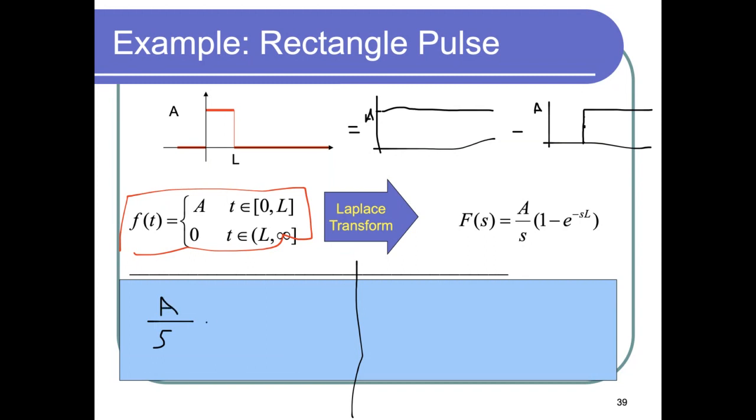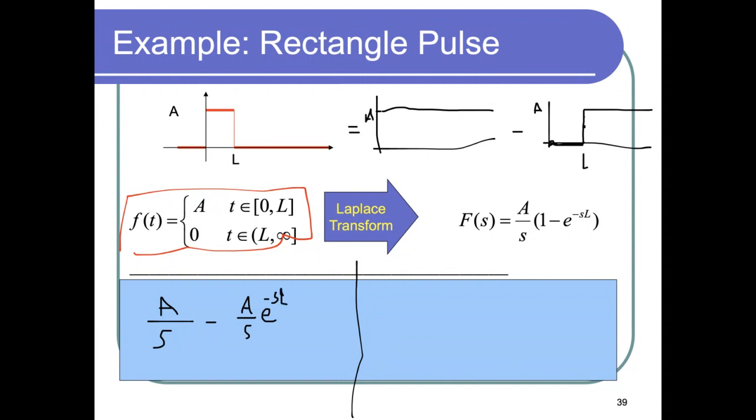This is the first term. The second term is a shifted step. We saw something similar earlier. If you have a shift in time, let's say with L, then it's the same a over s, you just multiply it by an exponent e to the power minus sL, which constitutes this shift.